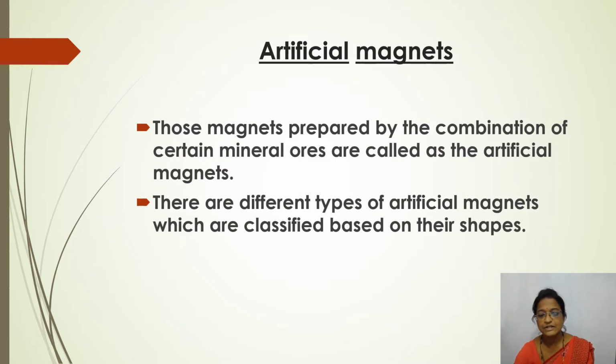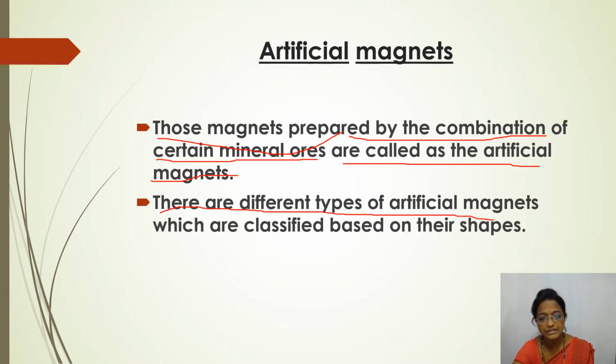So next is artificial magnets. What do you mean by artificial magnets? Those magnets prepared by the combination of certain mineral ores are called artificial magnets. There are different types of artificial magnets which are classified based on their shapes.